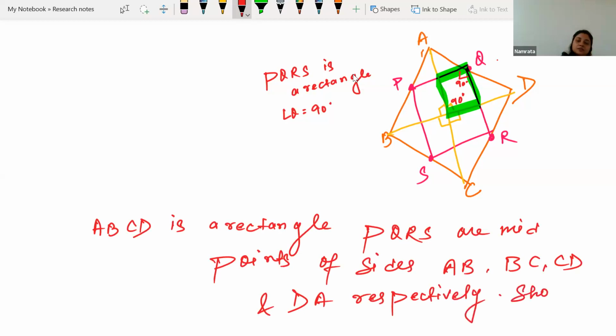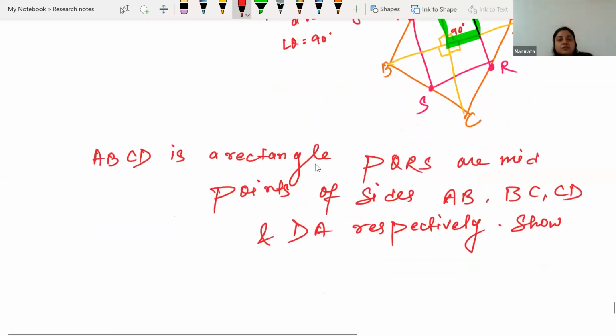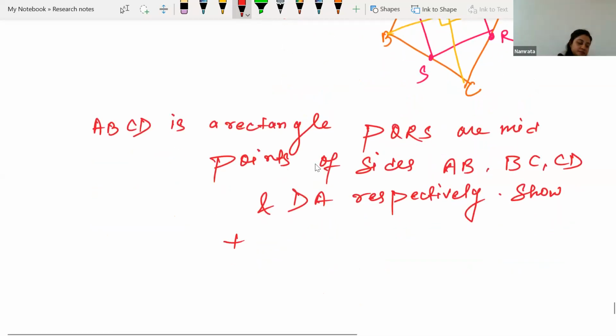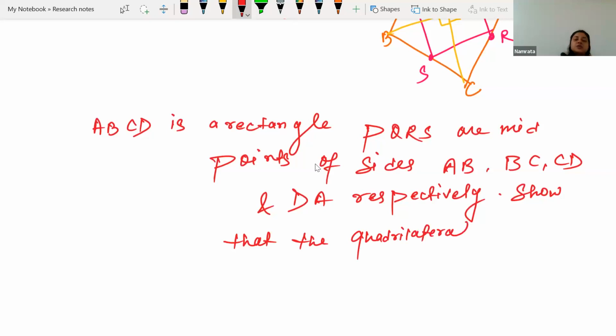Show that the quadrilateral PQRS is a rhombus. It's just the reverse of the previous theorem. It's a rectangle, show that it's a rhombus. Again, we first need to prove that it's a parallelogram, and then think about the rhombus.